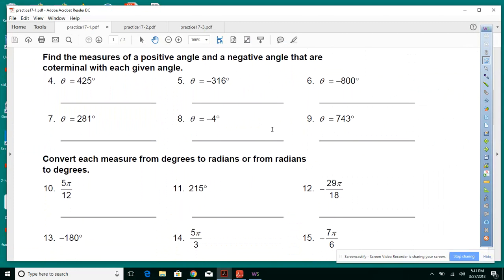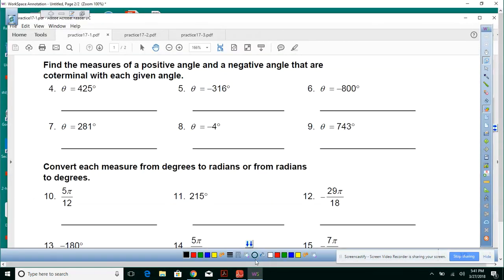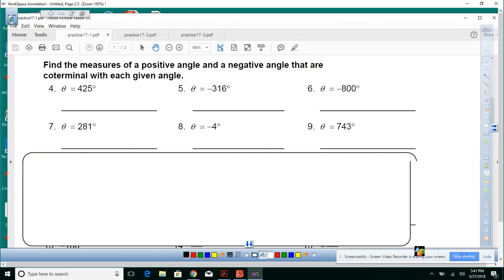It says find the measure of a positive angle and a negative angle that are coterminal with each given angle. All right, first let me get me a little room here to write on. Let's do it down here.